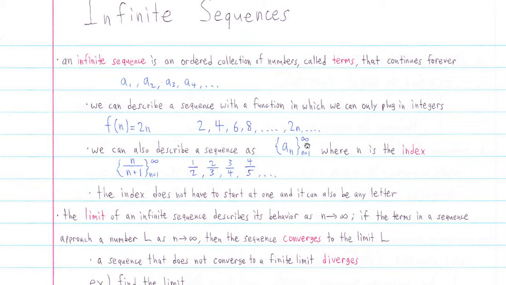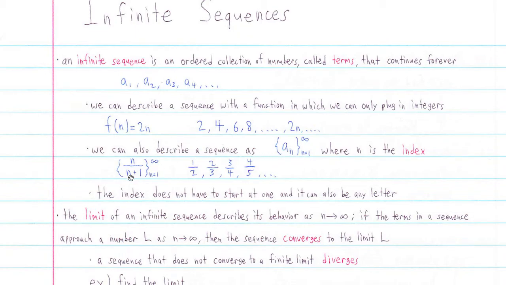And then this number here tells us up to what number we plug the n's in. So if it was 10, then after we plugged in n equals 10, we'd stop. But with infinite sequences, obviously, it's always going to be infinity.